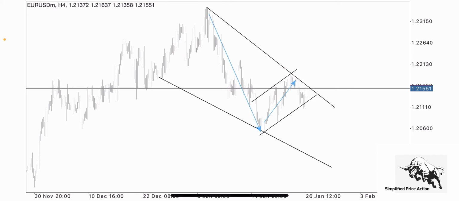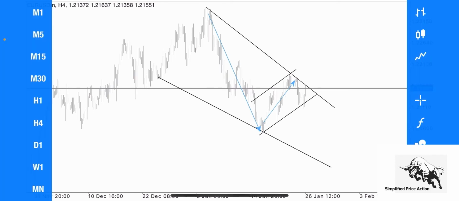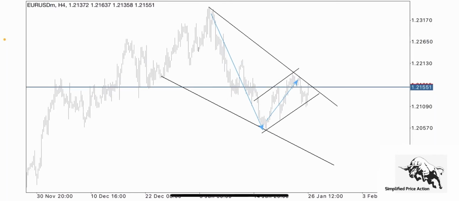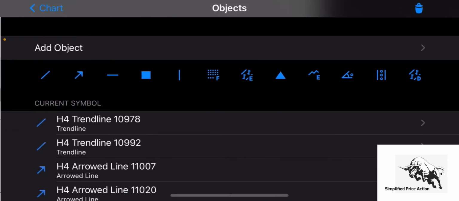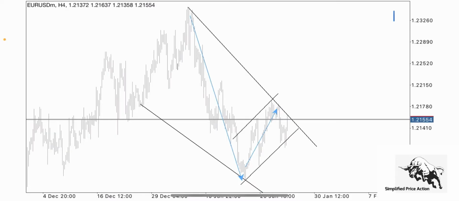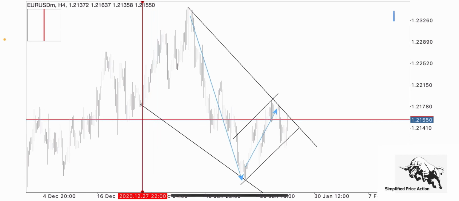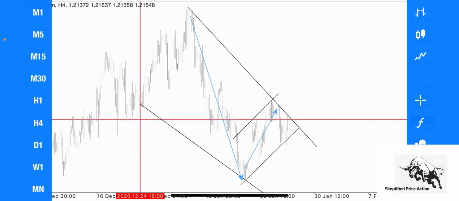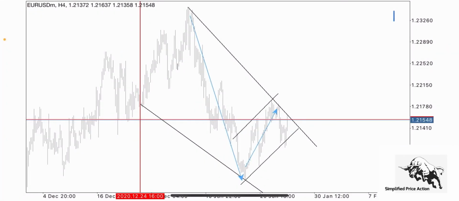So what are we looking for now? We're looking for potential sell movement, because as you can see from this part to where we are currently, this is in a downtrend, right?